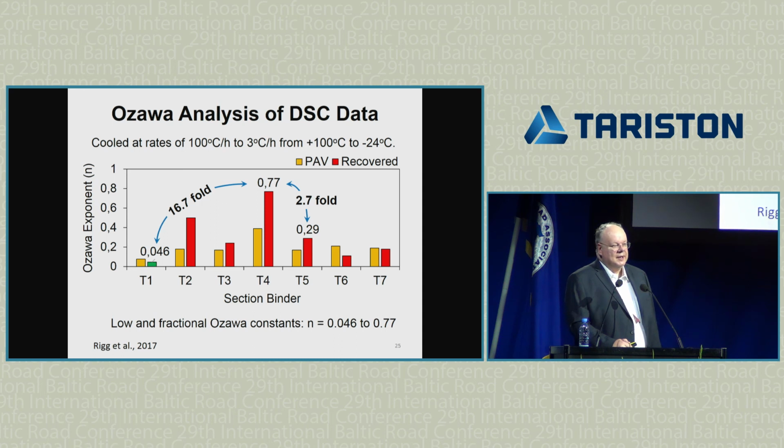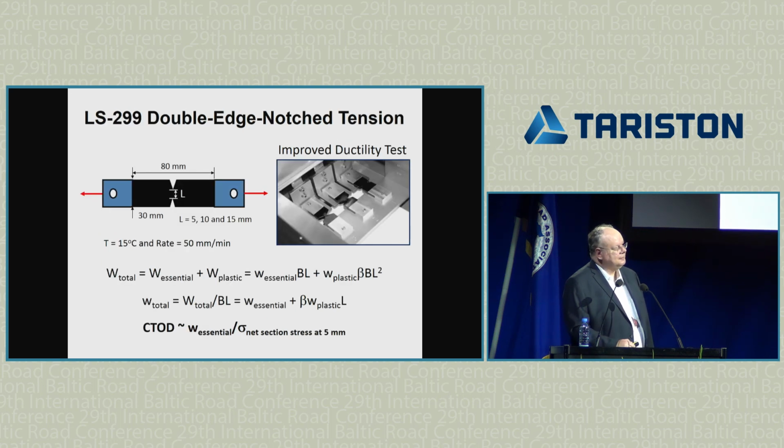The key problem is the PAV is done on a tank sample. The recovered asphalt after 10 years, you cannot get it at production because you have to wait for 10 years. So the key is, what do we test at day 1 to predict the performance at 10 years? So we have to modify the PAV, we have to modify the rheological measures that we do.